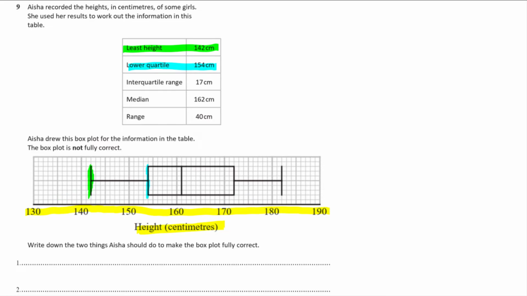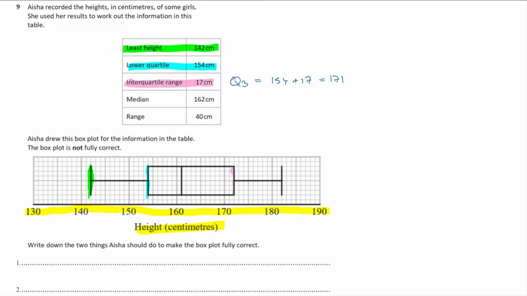Interquartile range is 17. So there isn't anything for interquartile range. The interquartile range is the width of the box. So that should tell you that the upper quartile, which is called Q3, is going to be the lower quartile, 154 plus 17. So 154 plus 17, that's 164, 171, isn't it? So is the upper quartile at 171? No, it's not.